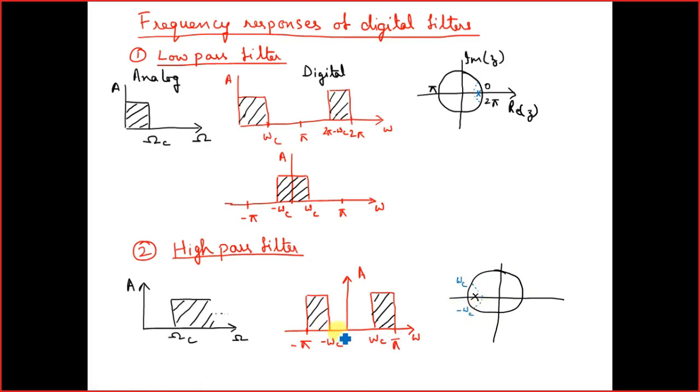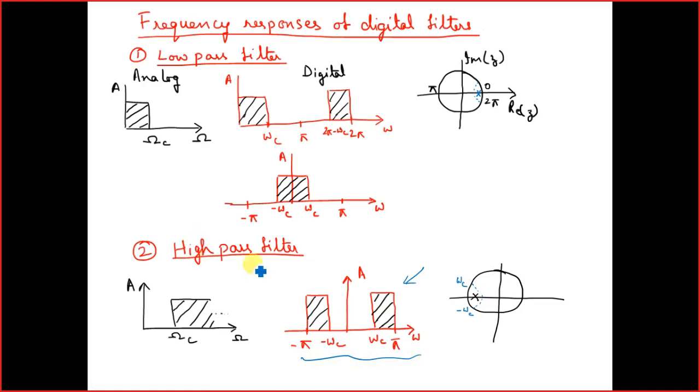So in those areas I have a low response, that means a zero response until we reach omega c, and from omega c to pi we have a high value. So the high pass filter in the digital domain has a frequency response something like this.